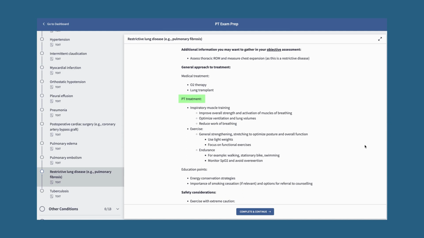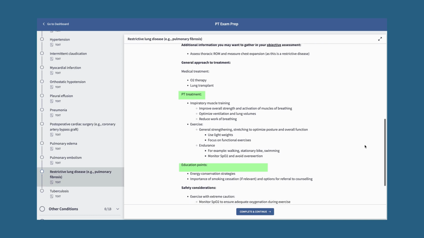The goal is to maximize patient participation and independence without overexerting them. Your education should always have a role in PT treatment, and here the focus should be on energy conservation techniques, as well as stressing the importance of smoking cessation and potentially options for referrals if the patient wants help to stop smoking. Of course, this is irrelevant if the case doesn't state that they are smoking.